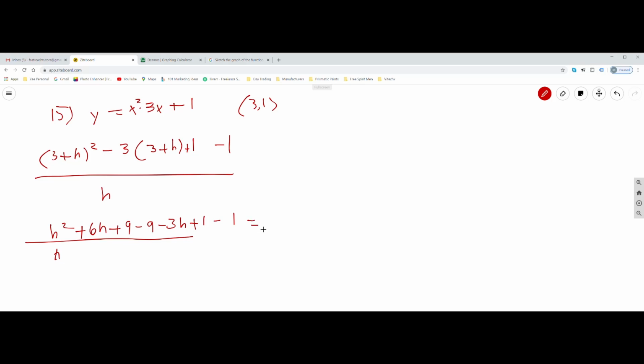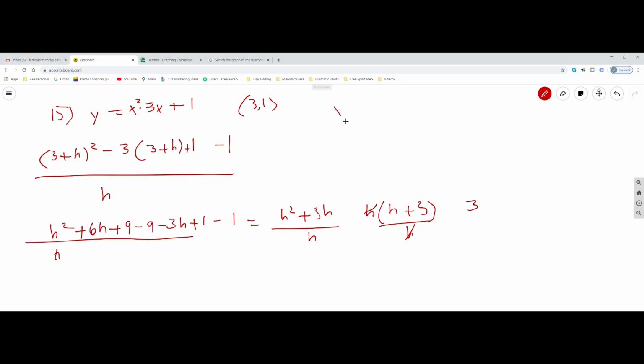You're left with h squared plus 3h over h. And take out the h. You're left with h plus 3. And if you substitute 0 for h, you get 3. So the slope is 3.